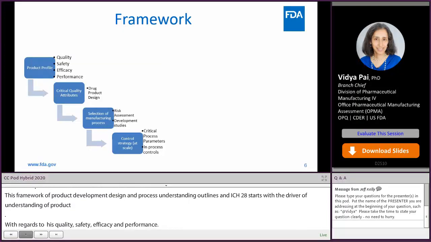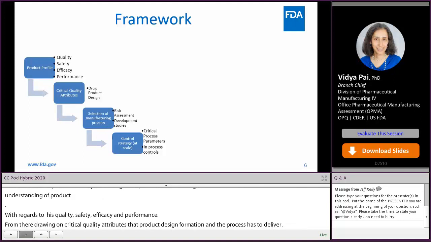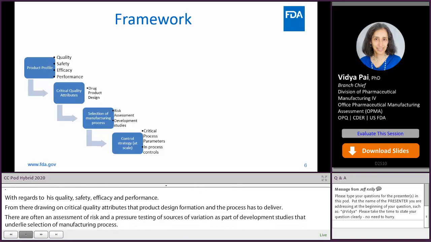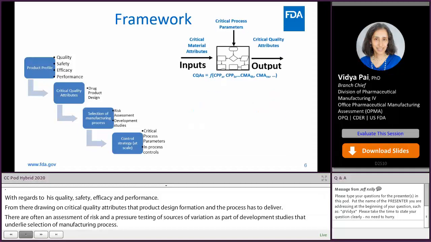Thereafter, there is an assessment of risk and a pressure testing of sources of variation as part of development studies that underlie the selection of the manufacturing process. Last but not the least, to allow for robust implementation of the manufacturing process, a control strategy that will work at scale needs to be identified, along with the relevant critical process parameters and in-process controls.